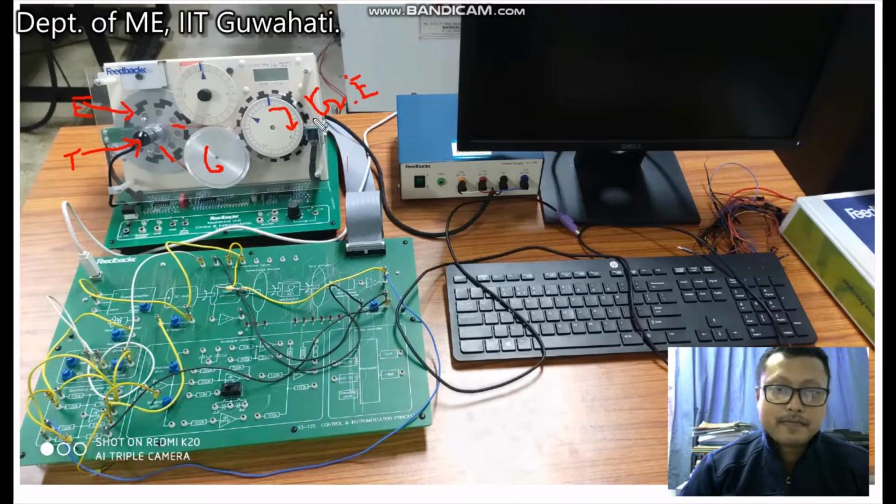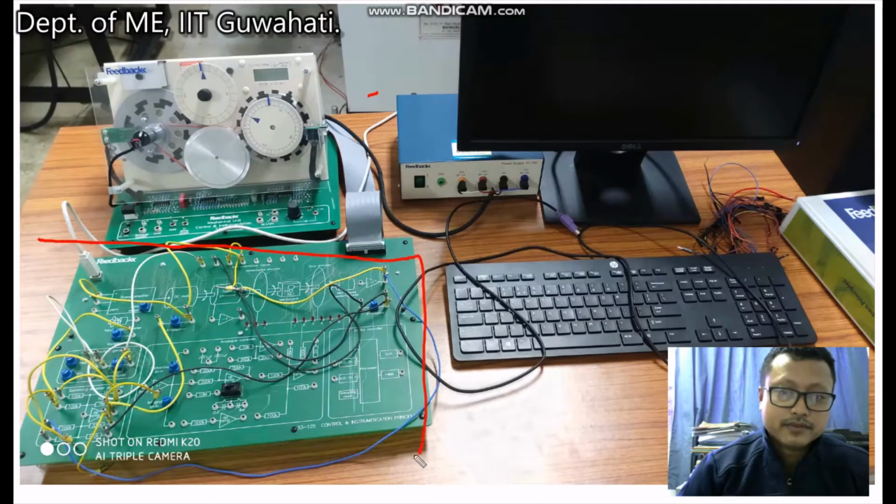This is one potentiometer, from which you can also change or increase the voltage or polarity of this system. So these are the components of this equipment, and here is the workboard.